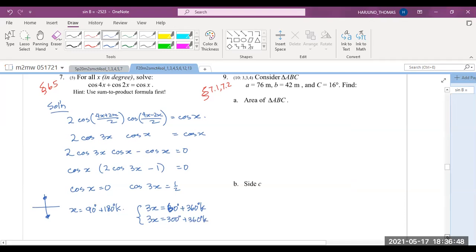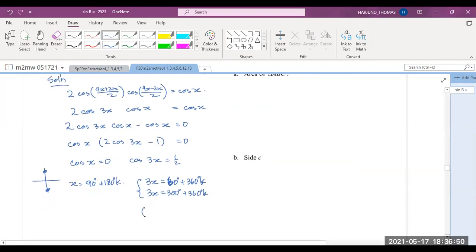Now divide by 3. So x equals 20 degrees plus 120 degrees k, or x equals 100 degrees plus 120 degrees k. So these are the solutions together with this.